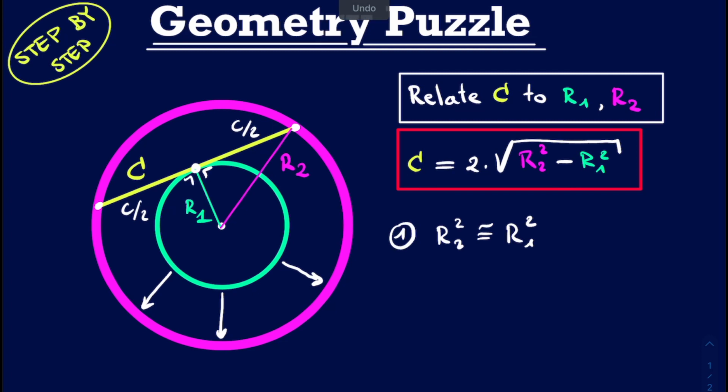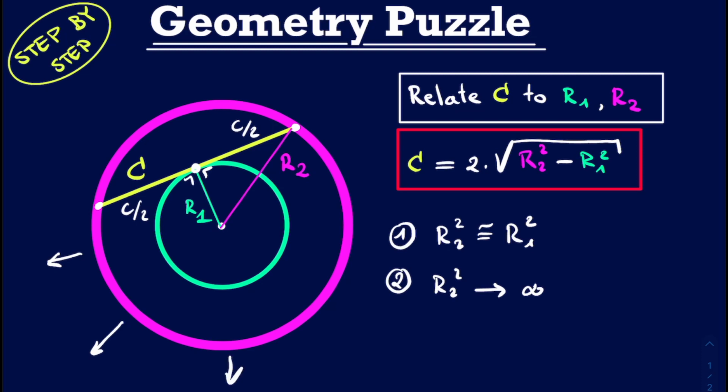So this checks out. The second limiting case is when R2 squared, so the radius of the large circle, goes to plus infinity. And it is clear that if this circle expands all the way up to infinity, then of course the line connecting two dots on this circle will also expand all the way up to infinity. And we can see this in our formula as well.